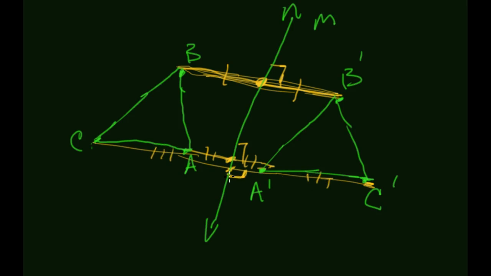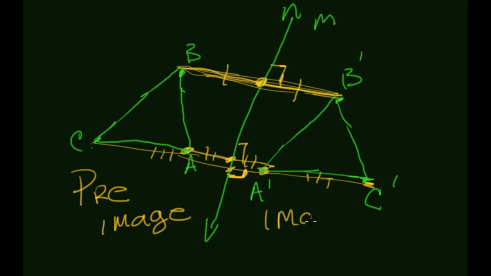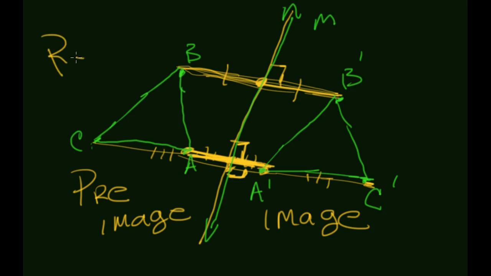So if I can pick any point here in the pre-image and its corresponding point in the image and connect them in such a way that the line that we call our line of reflection becomes the perpendicular bisector of that segment, then this is a reflection.